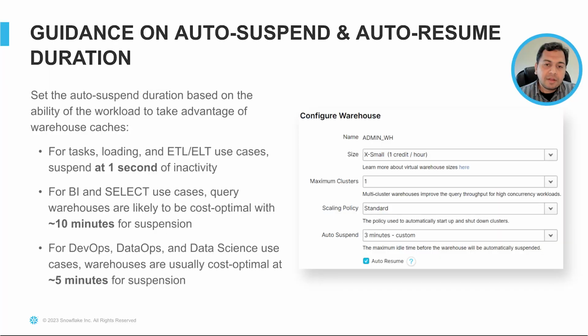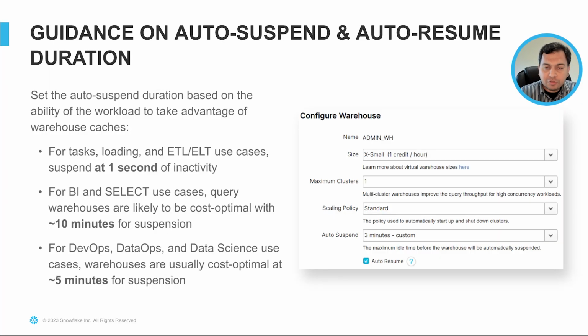For example, if you have an ETL or an ELT use case, which typically do not benefit in any way from the existence of the caches, or there is no need to keep the caches warm, we actually recommend setting the auto suspend timeout to immediate, which means that if there is no query running, if there are no jobs running, the warehouse immediately goes to sleep, which means that you're not paying for any of the compute because there's no useful work being done.